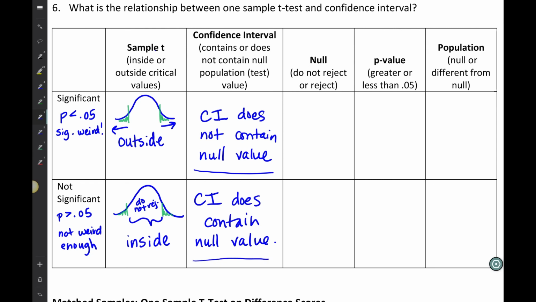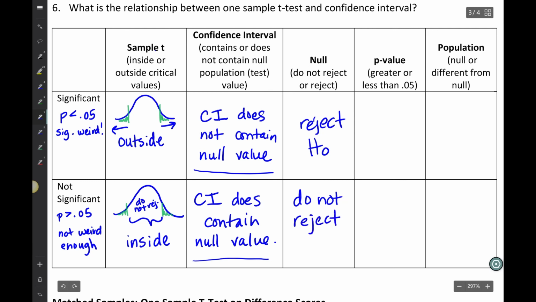Okay, if it's significant, what do we do with the null? If it's significant, that means we are rejecting the null. That's that symbol for the null again. If it's not significant, we do not reject the null hypothesis. Here I kind of gave us our hints over here already.